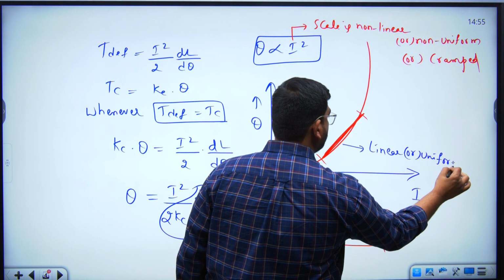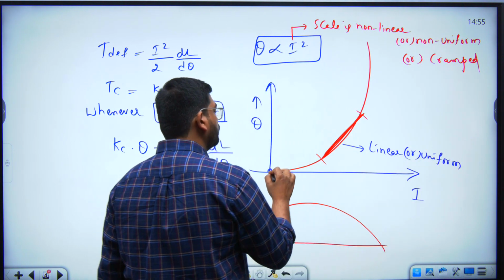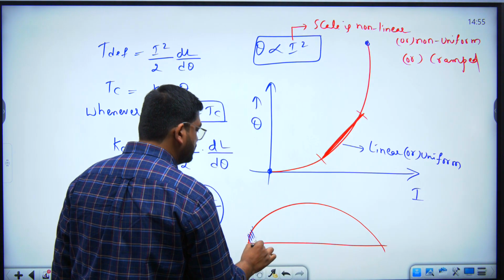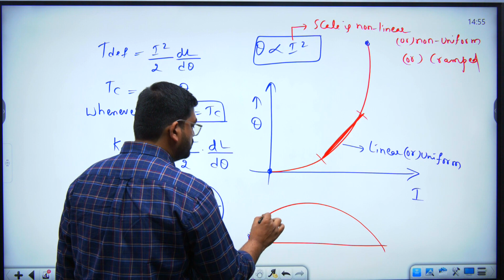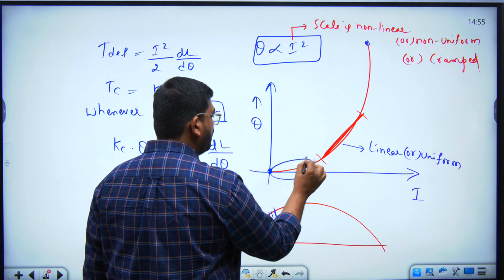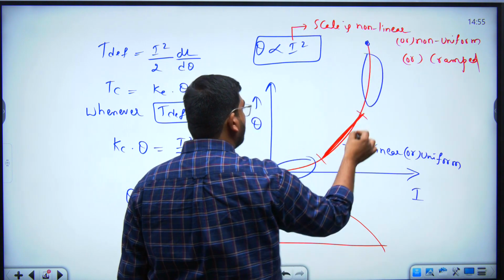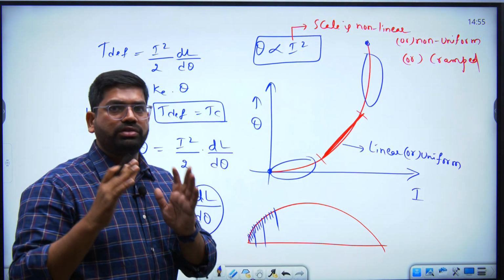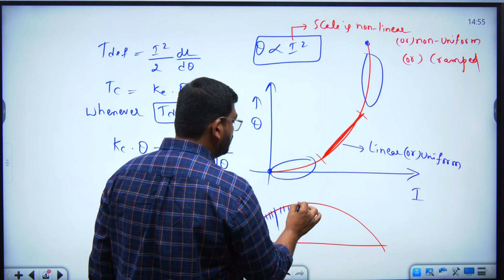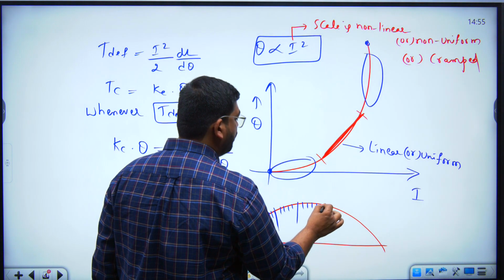Even if I design the scale from starting to ending, look at this, starting will be like this. Starting we call a cramped scale. Here also we have a cramped scale, only in the mid values we can expect a linear portion, meaning uniform distribution.